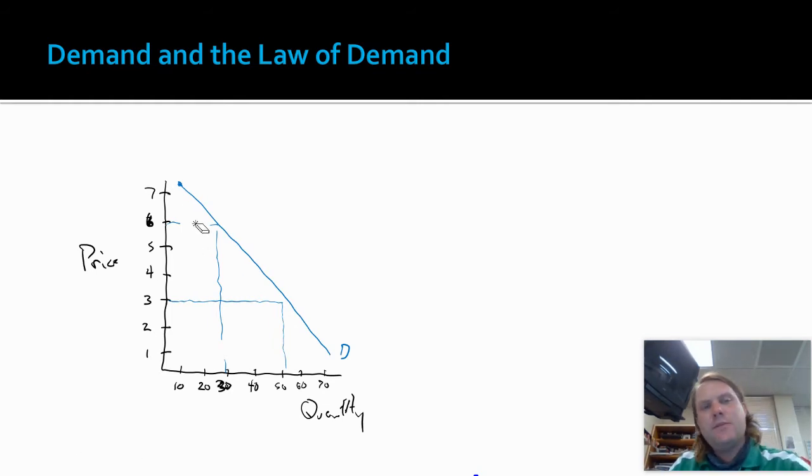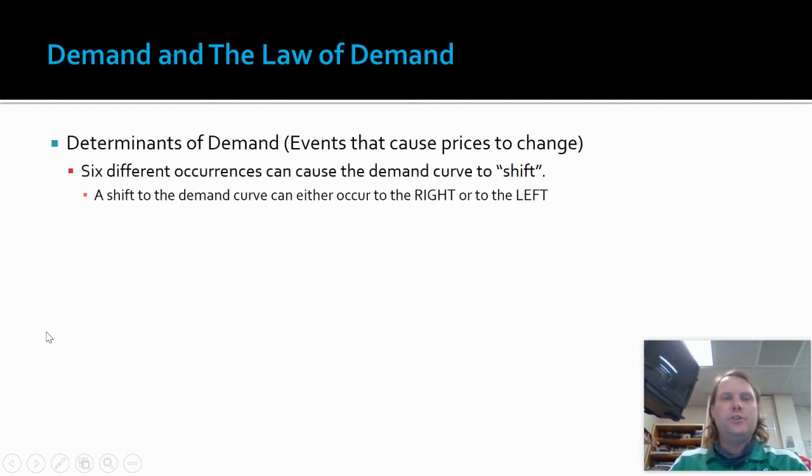Now, this is kind of common sense, and the nice thing about it is that common sense tells us we can make a pretty accurate prediction, not exactly how much we'll buy, but we can be confident saying that if the price goes up, the quantity demanded is going to decrease, and vice versa. So when that price changes, we expect the quantity demanded to change.